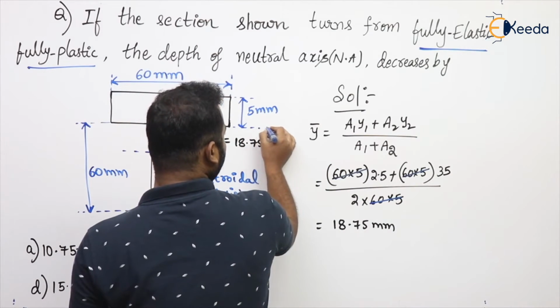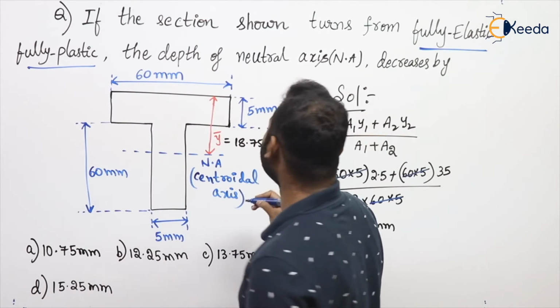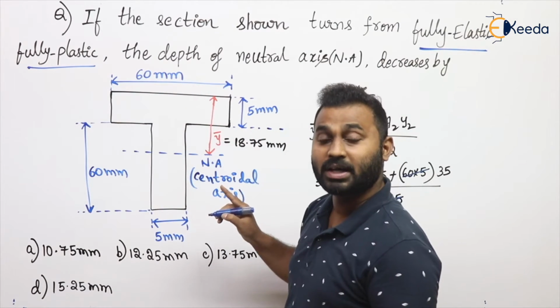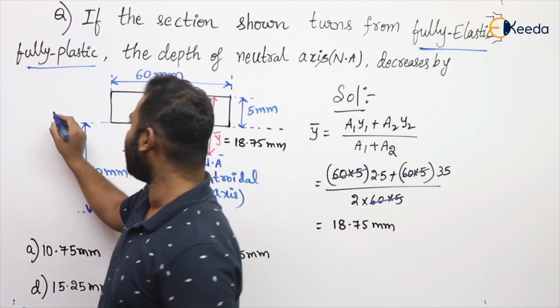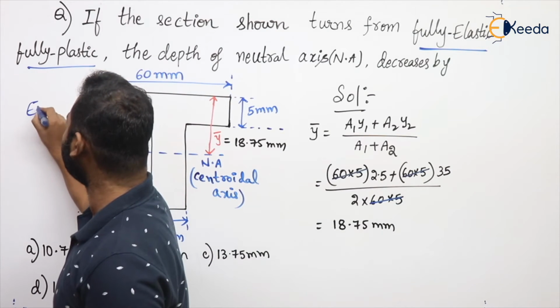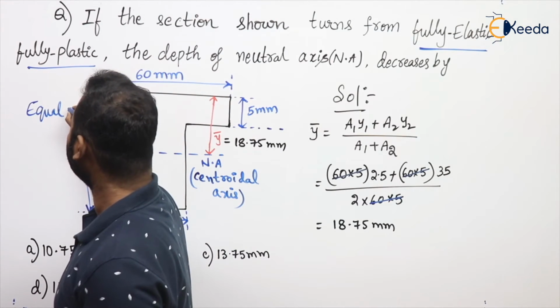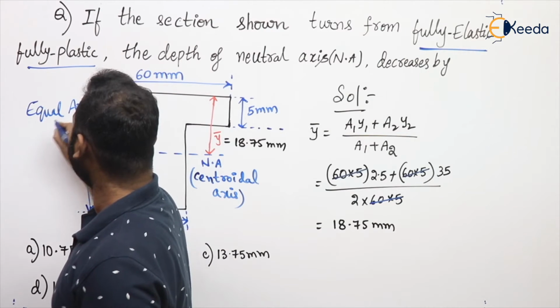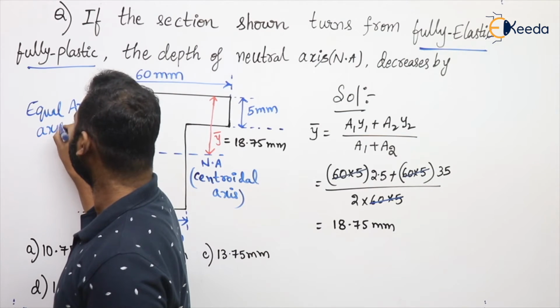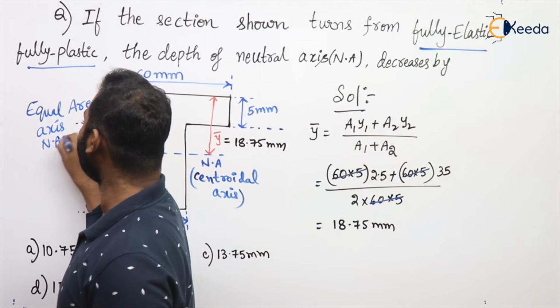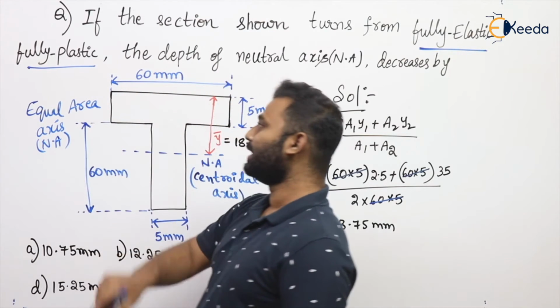So this is where the plastic neutral axis is. We know that the plastic neutral axis is also called the equal area axis. Here I will mention: this is the equal area axis. This is also the neutral axis in the plastic state.